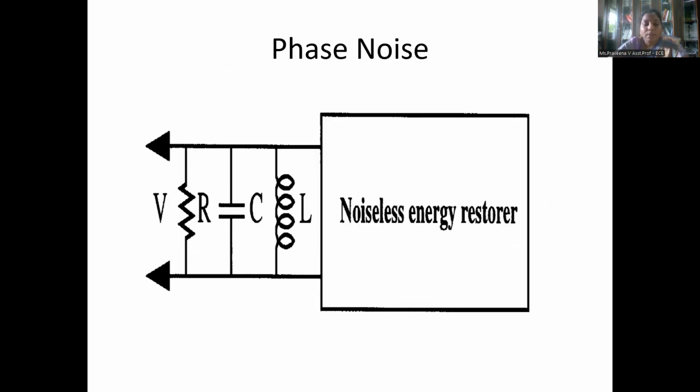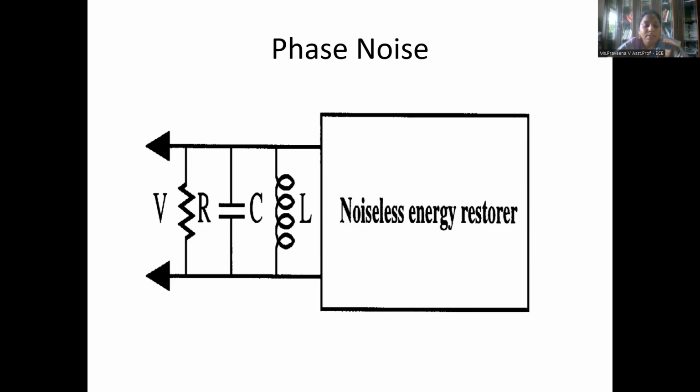And phase noise. This circuit shows a parallel RLC network: resistor, capacitor, and inductor, connected to a block called a noiseless energy restorer.